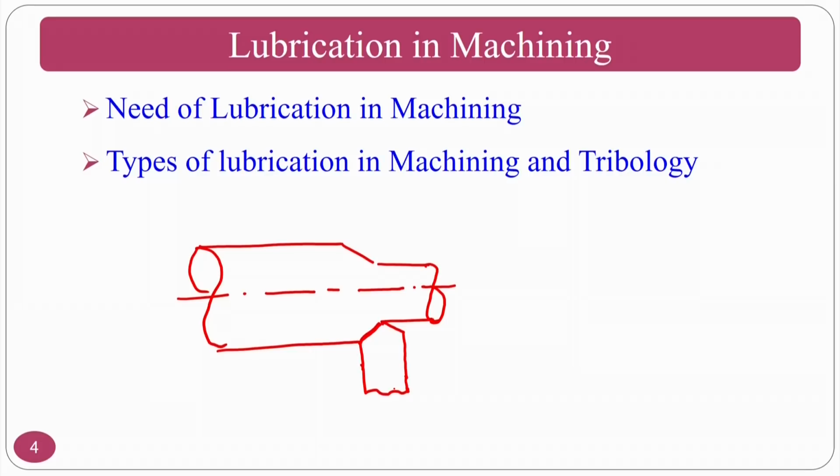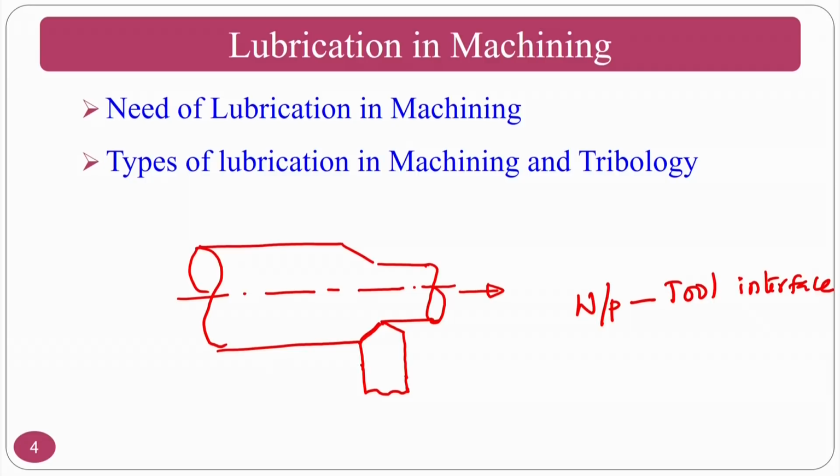If the proper lubrication is not there between the flank surface and the final product that is coming out, what will happen? The wear of the tool will take place. That means I am talking about the workpiece and tool interface.